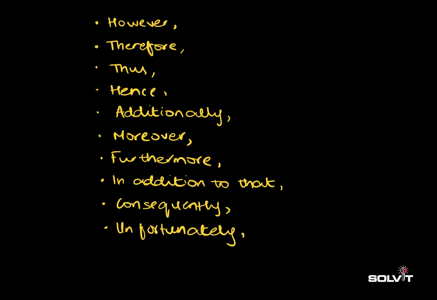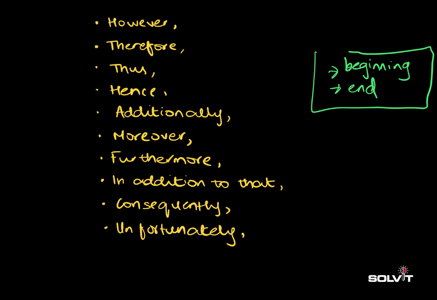Now, whenever you write these words in a sentence, or whenever you see these words written in a sentence, there will always be a comma after them, okay? Whether they occur in the beginning of a sentence or end of a sentence, it does not matter. These words will always be followed by a comma.